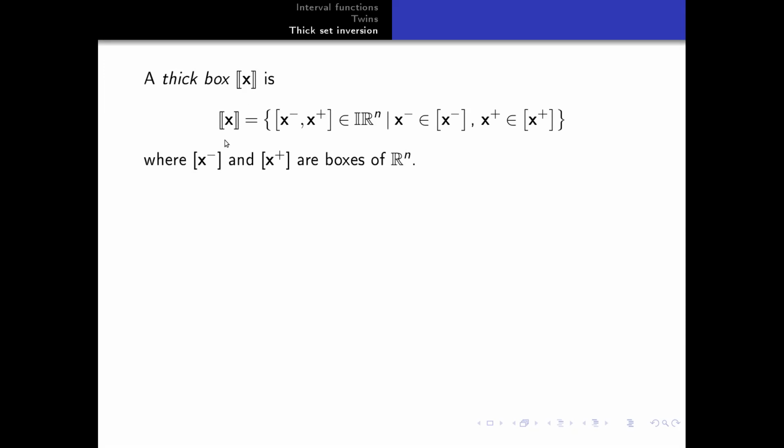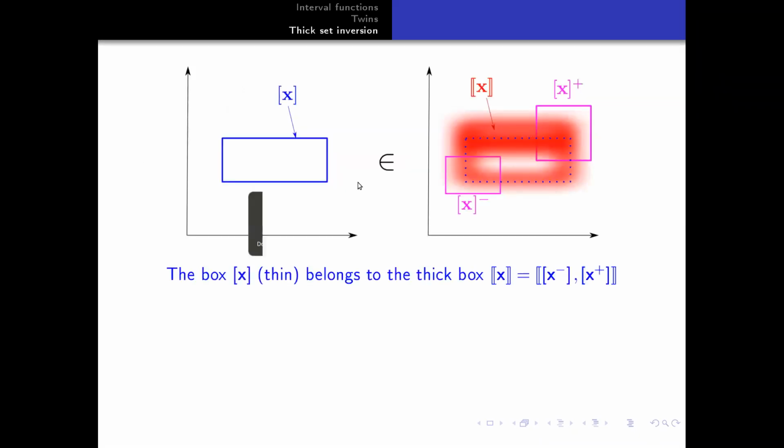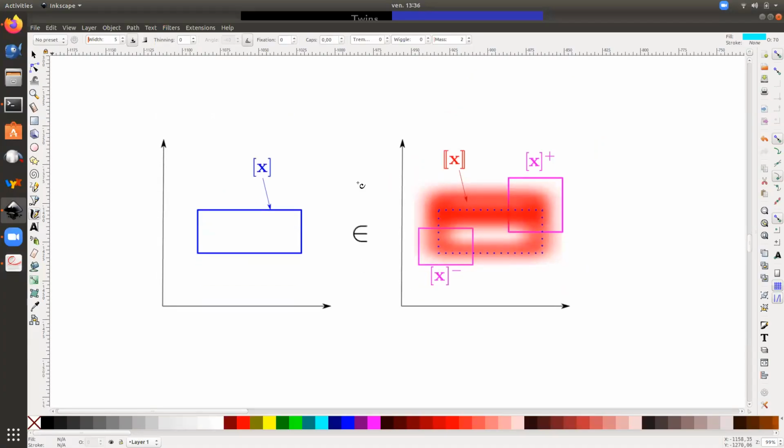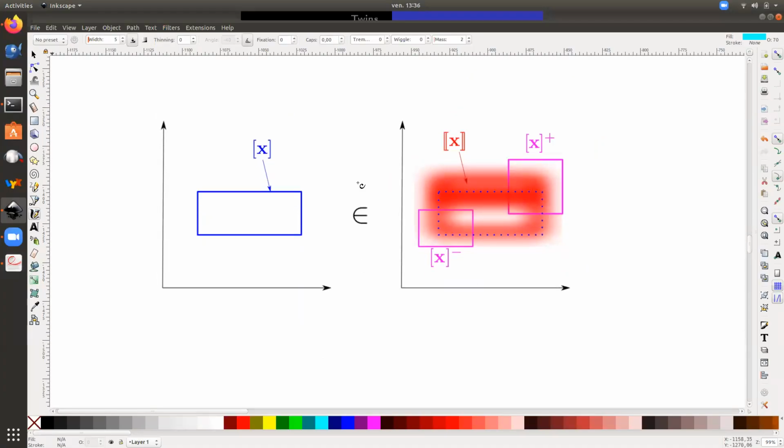A thick box is a set of boxes like this with a lower bound and an upper bound. So it is a set of boxes where the lower bound is inside this box and the upper bound is inside this box. If I want to have some kind of representation of this, I get this. So it means that this blue box here belongs to a thick box.